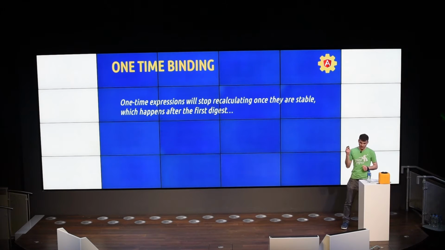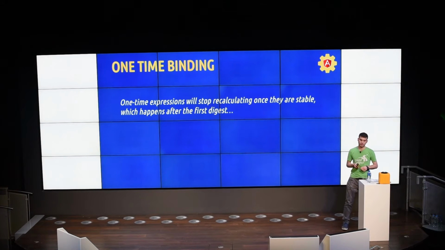But in Angular 1.3, the core team released one-time binding. One-time binding are one-time expressions that will stop recalculating once they're stable, which happens after the first digest. That's taken from the official documentation of Angular, but I need to add also when they're different from undefined.